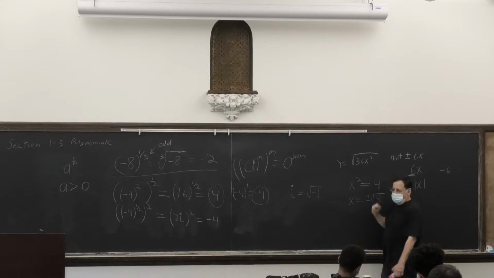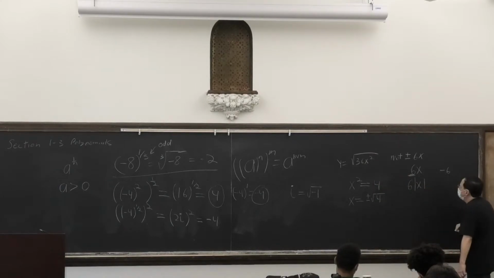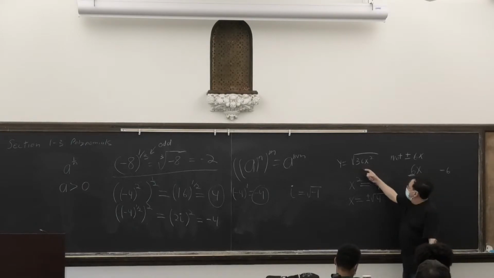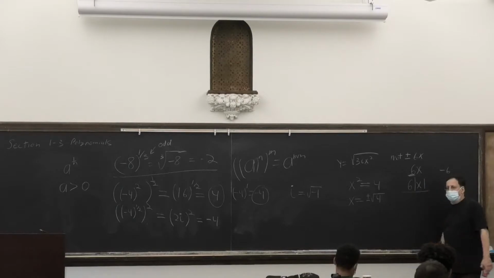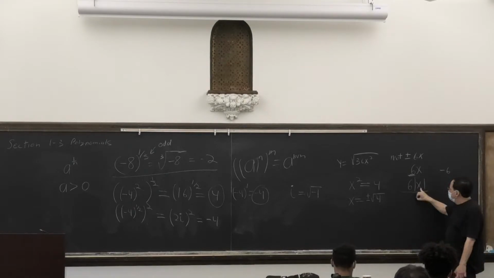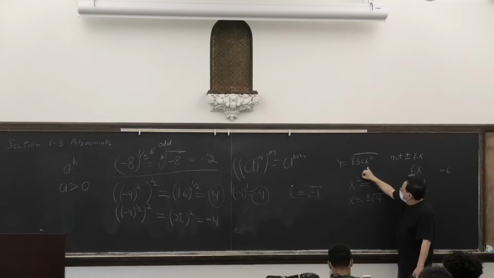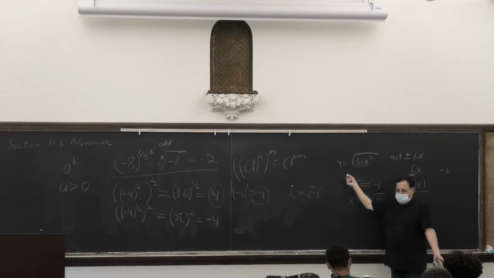Under this symbol, when we write our answers, we wouldn't write 6 absolute x. If I said simplify this, this is the right answer, because this has to be positive. x squared is positive, and the square root of it is positive.